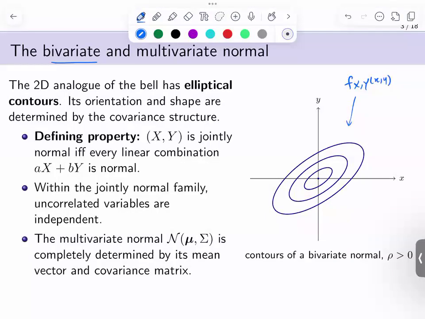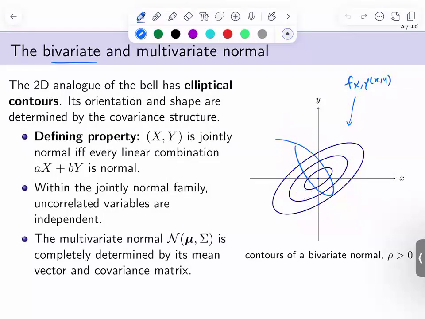The contours would look like this, elliptical and tilted. If they were independent, they would be circular. There's no special direction here. Because they're positively correlated, they're tilted in this direction. If they were negatively correlated, they would look like this.